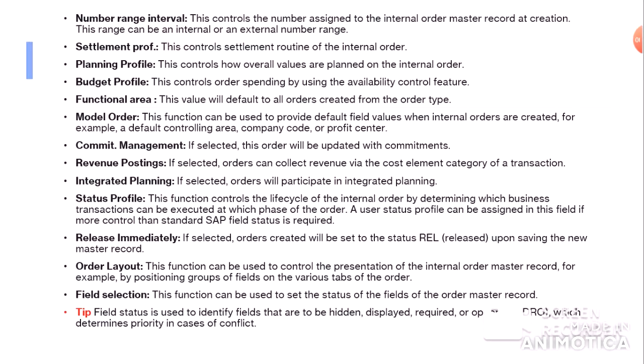Field selection can be used to set the status of the fields of the order master record. So the field status is used to identify fields that are hidden, displayed, required or optional (HDRO), which determines priority in cases of conflict.